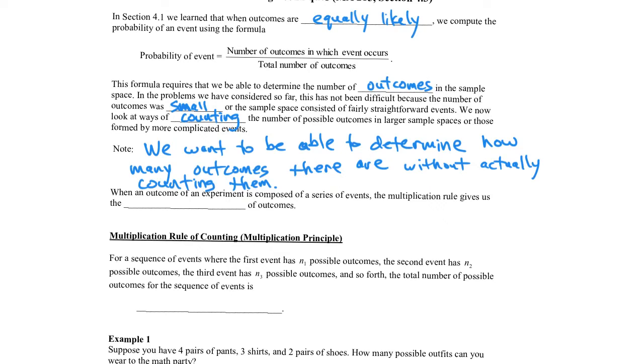So when an outcome of an experiment is composed of a series of events, the multiplication rule gives us the total number of outcomes. We used the multiplication rule in determining probabilities. Now we're going to use it in determining the total number of outcomes.